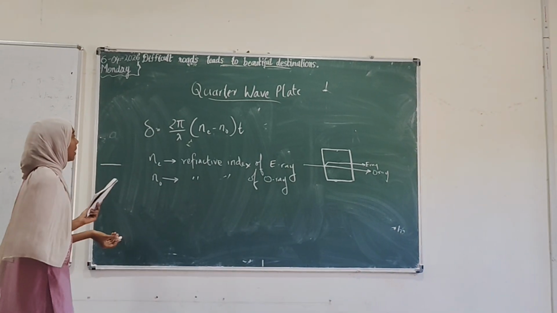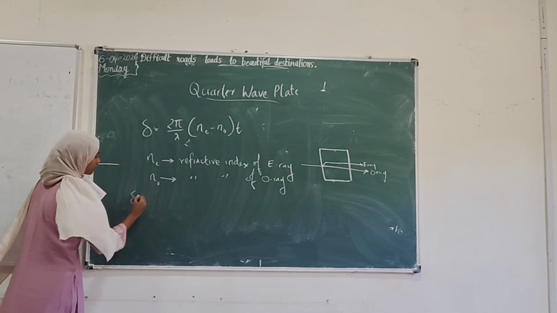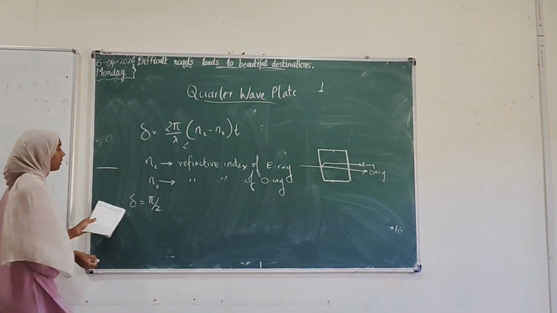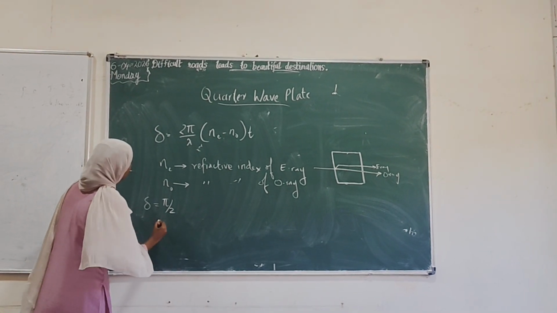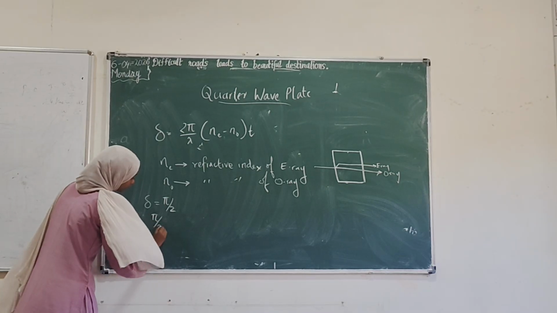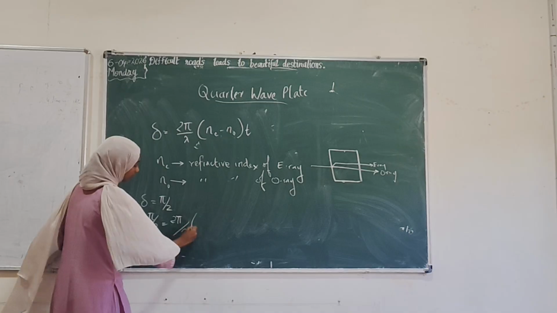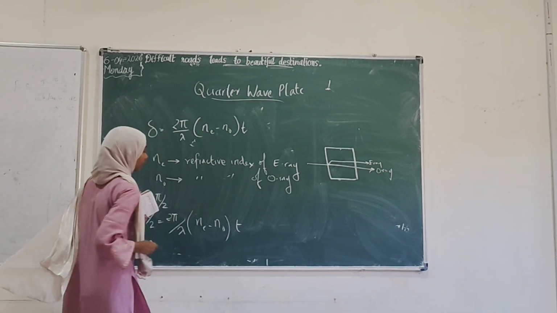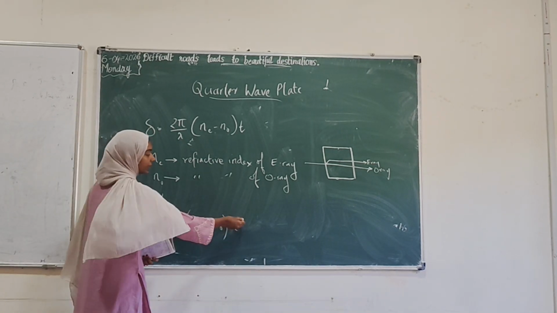As we know, the phase difference for a quarter waveplate is pi by 2. We can substitute this value into this equation. That is pi by 2 is equal to 2 pi by lambda times (n_e minus n_o) times t. We are going to find the thickness, right?